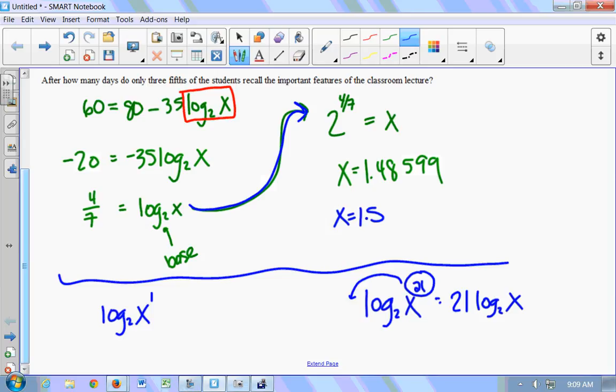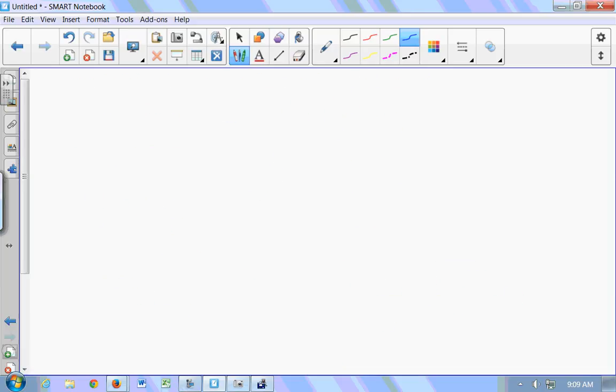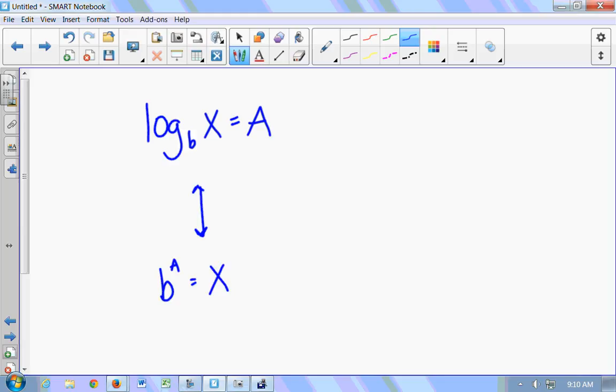So if that equals 4/7, instead of using a property of logarithms, I'm using the definition of a logarithm to change this to exponential form, right? So the definition of a logarithm was log base b of x equals a. I'm just making up letters. If you want to change this, this means b is my base, a is my exponent, and that equals x.